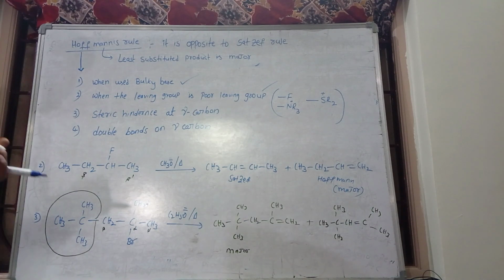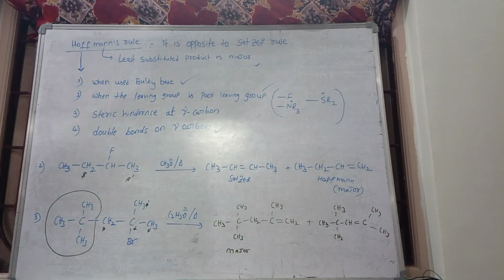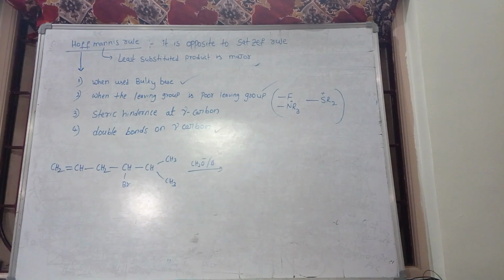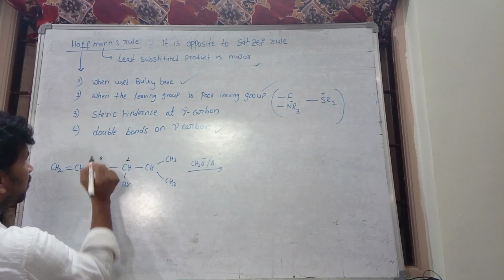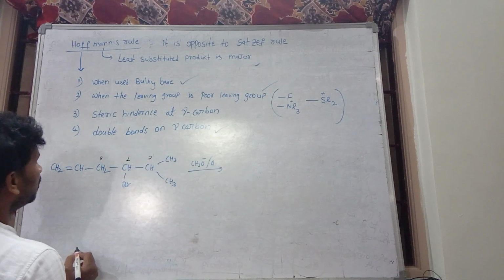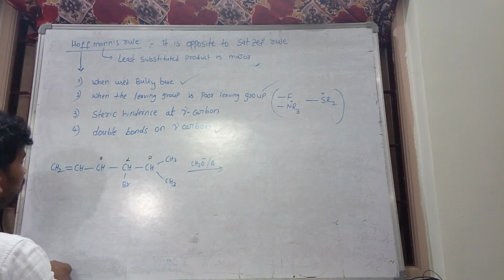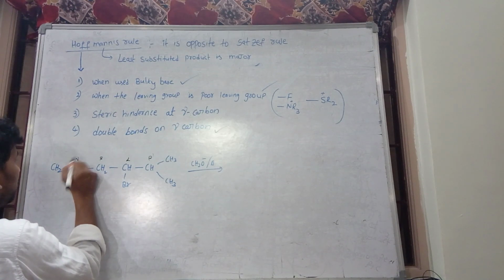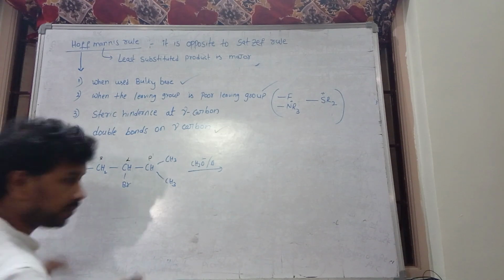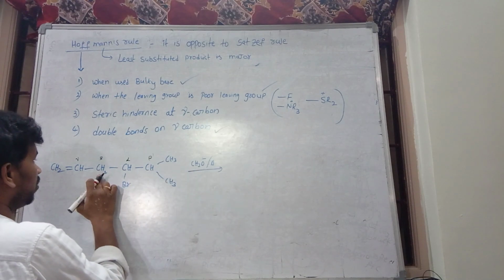Now, the fourth one: double bonds on the gamma carbon. See, this is the alpha carbon, this is a beta, this is also beta, and this is gamma. So on the gamma carbon, a double bond is there. Now, if CH3O minus takes a proton from here, it gives one product; if it takes a proton from there, it gives another product.